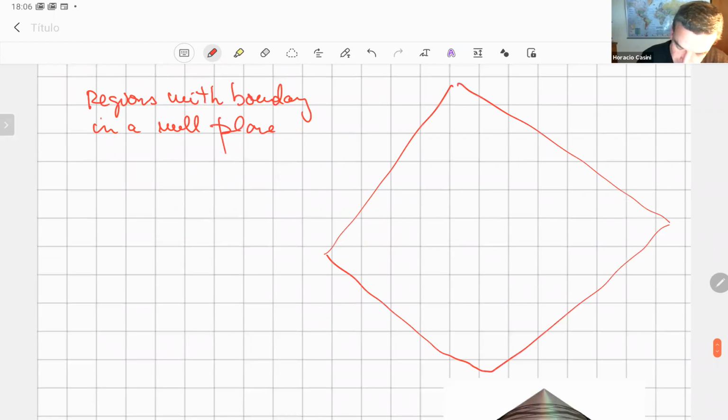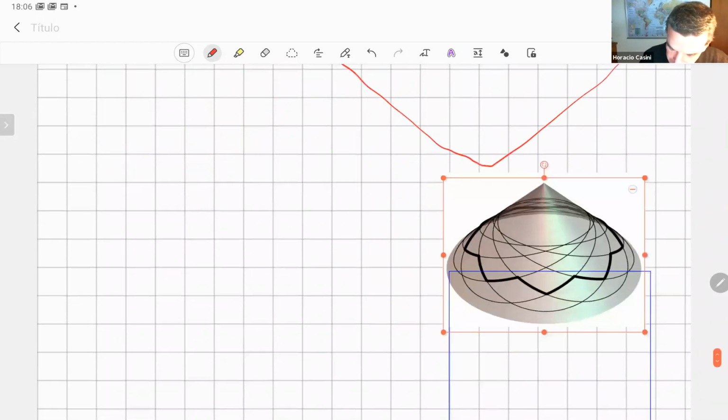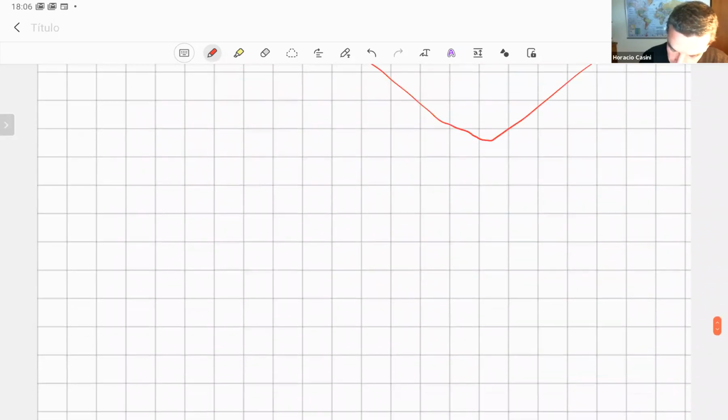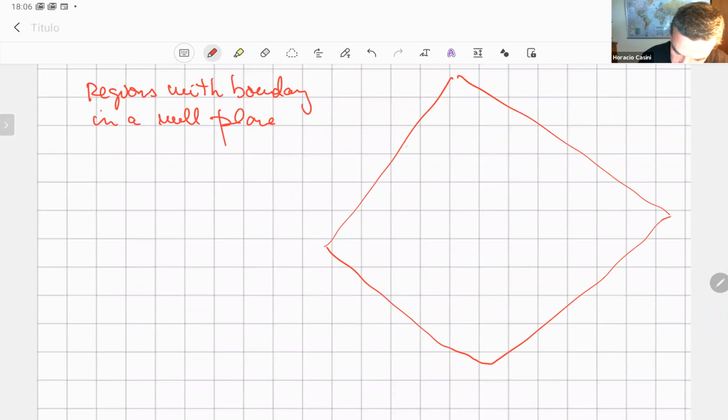This is a null plane. And I'm going to draw boundaries of regions in the null plane. So let me call this gamma 1, gamma 2.